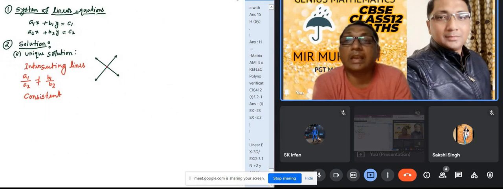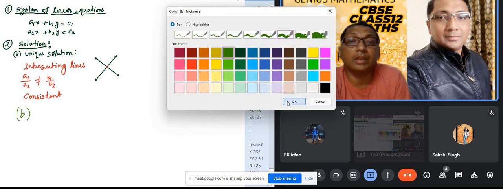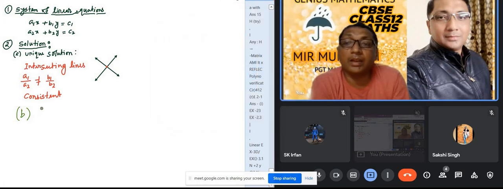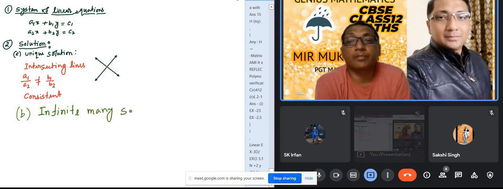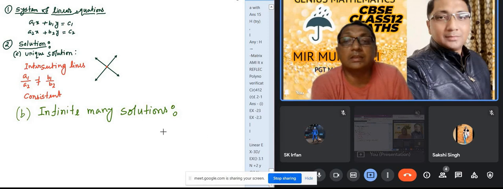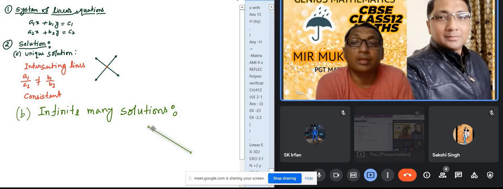Now, the second type of solution will be infinitely many solutions. So if infinitely many solutions, then its graph will be two coincident lines. These two lines will coincide with each other.